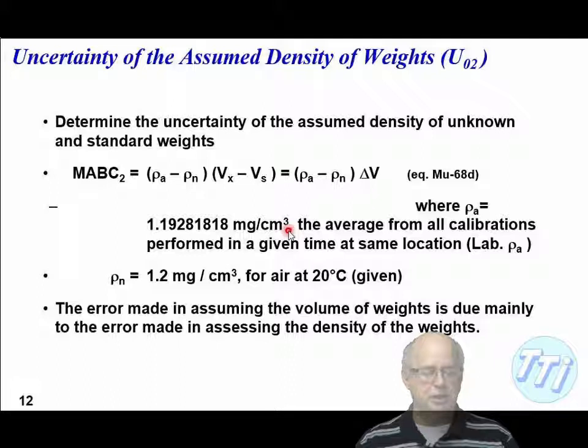And in this particular case, what we're going to assume is that this has been taken by going to the Cal Lab and averaging all of the similar measurements taken in the lab. So again, we don't have the numbers to show you, but this is a typical kind of number that would come out.